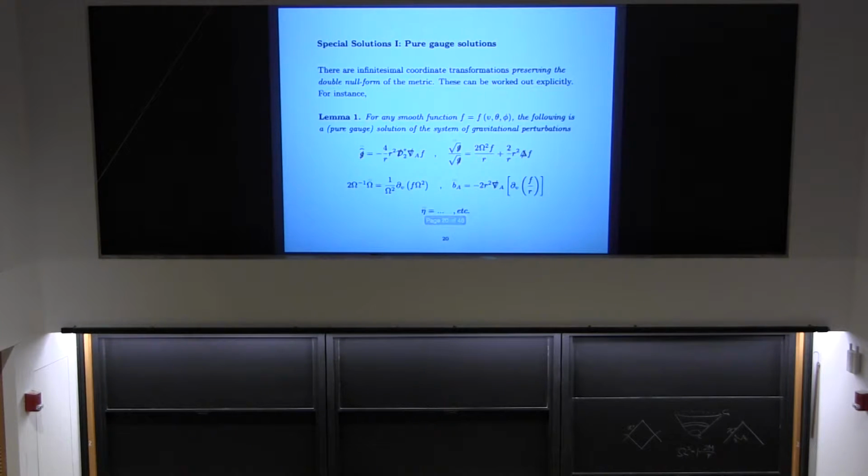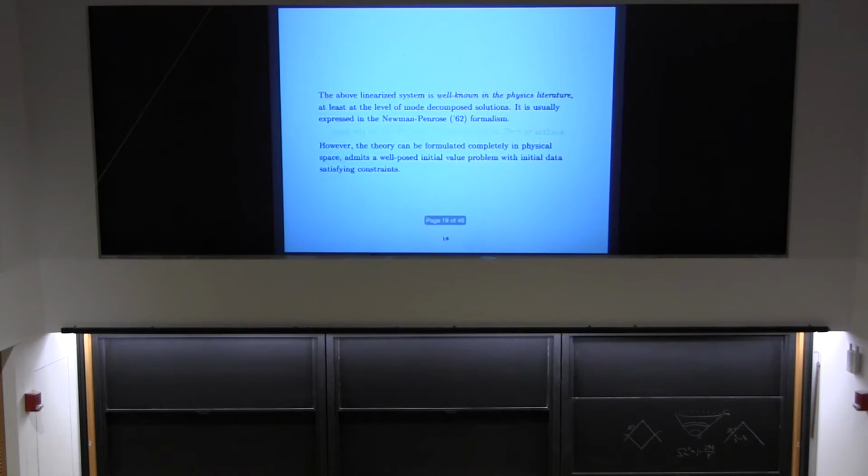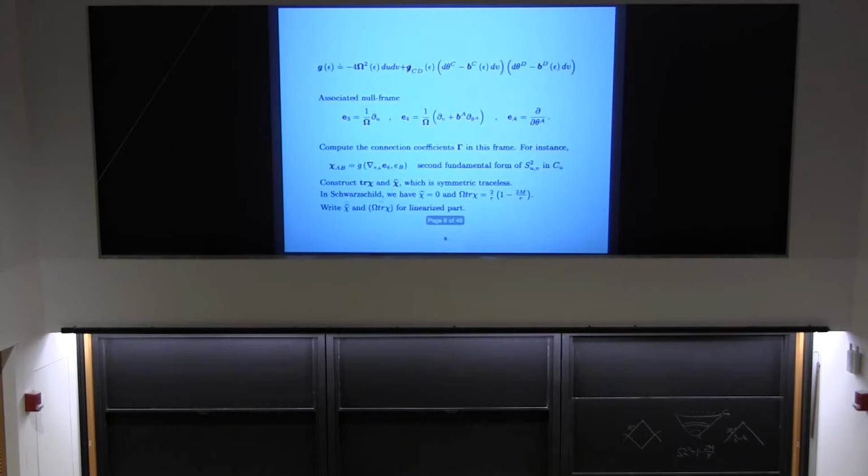Okay, so how do you do analysis for this system of gravitational perturbations? Well, the first thing I have to tell you is something about special solutions. Let me start by talking a little bit about so-called pure gauge solutions. I already told you that we're making this choice of a double null foliation.